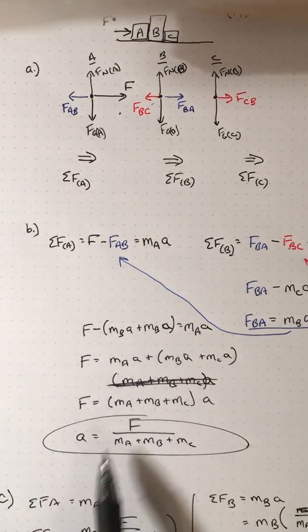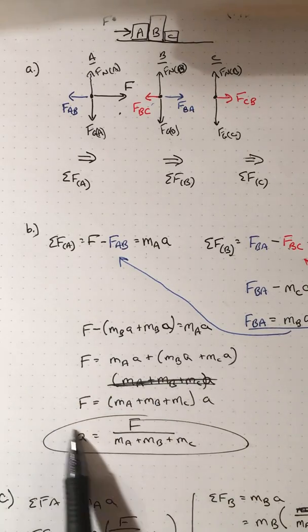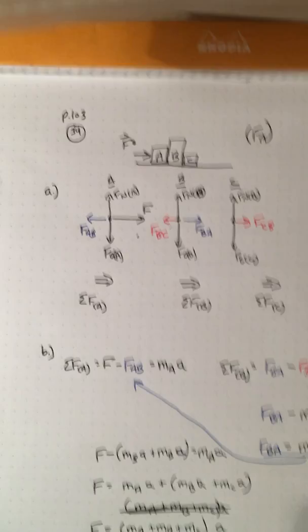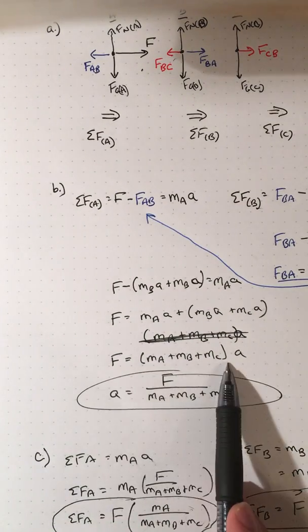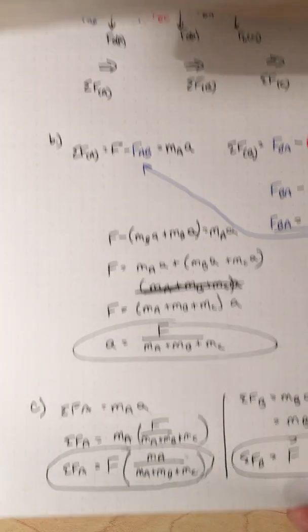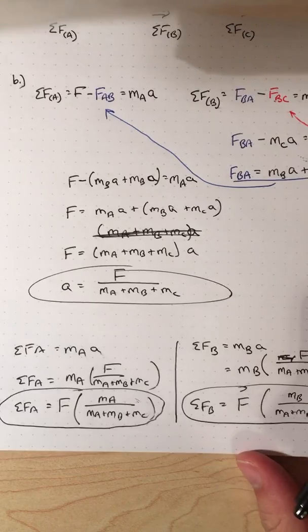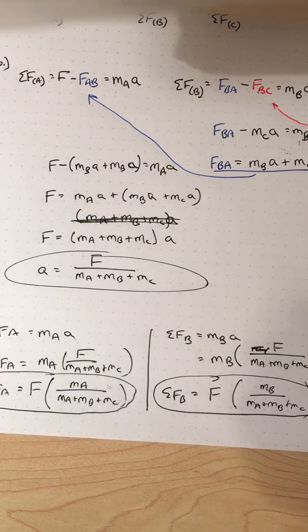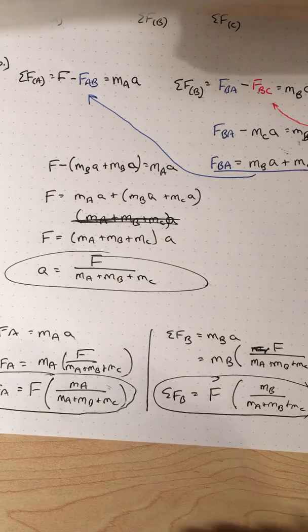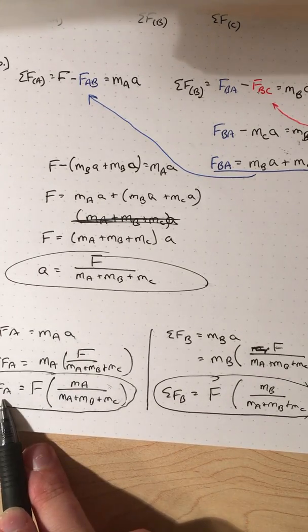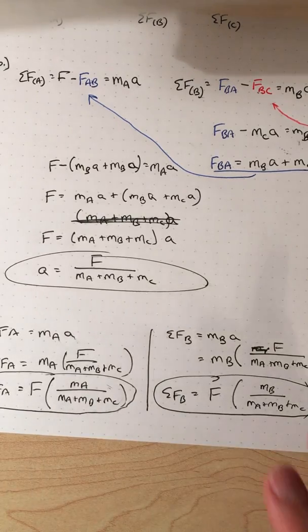It's also trying to show that we get what we would expect, namely that if you considered this whole system as having one large mass, I get F equals MA with that one large mass. And also that each net force gets a weighted average of the applied force. In our case, each net force gets 1/3 of the applied force.